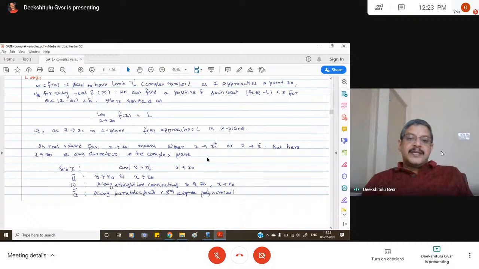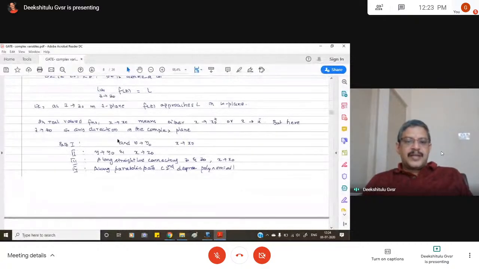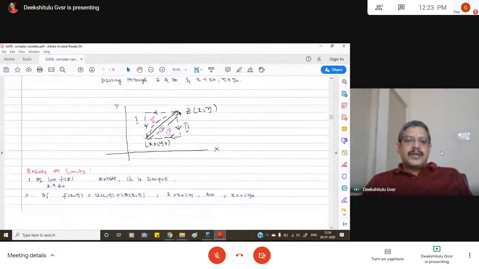So z goes to z0, or else x goes to x0 and y goes to y0. It can happen in different possible ways. Path 1 is y goes to y0 and then x goes to x0. The second path is the same thing in the other order: x goes to x0 and then y goes to y0.